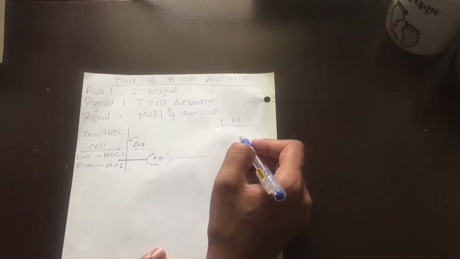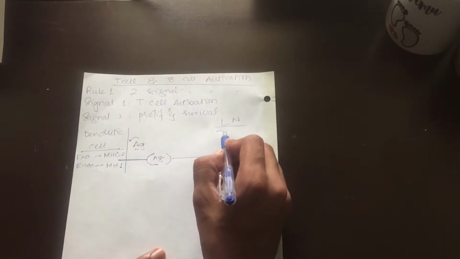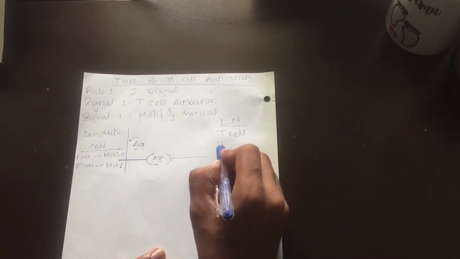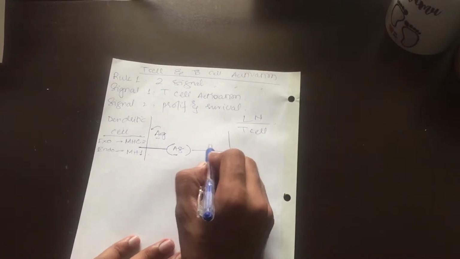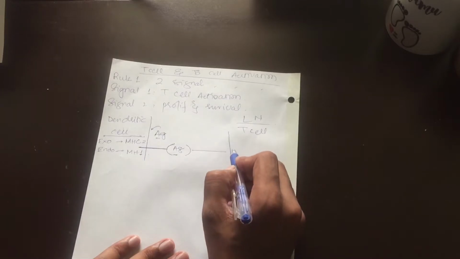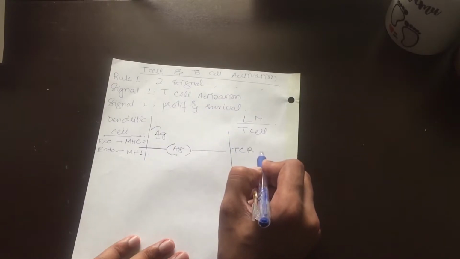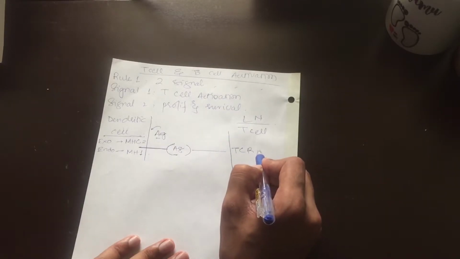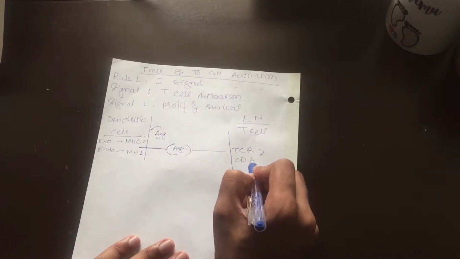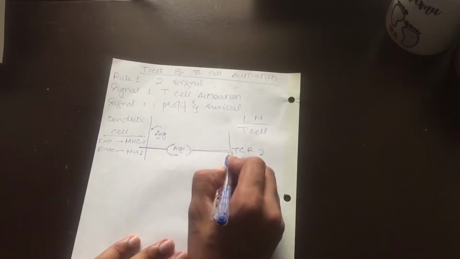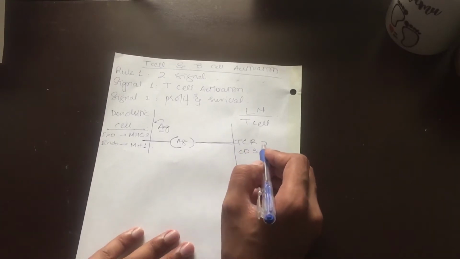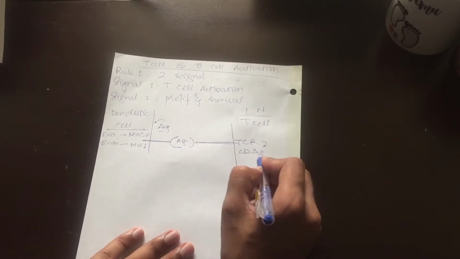The T cells have the TCR, and this TCR signals through CD3 for signal transduction.